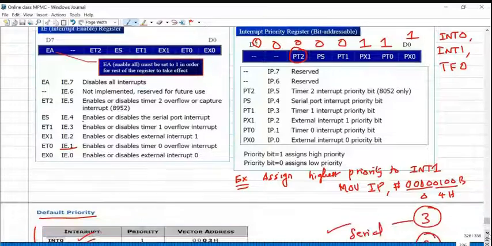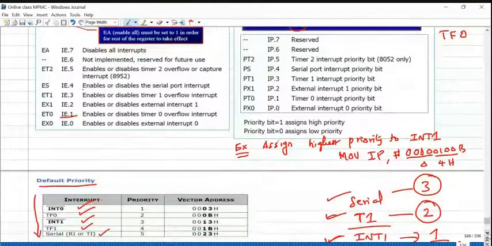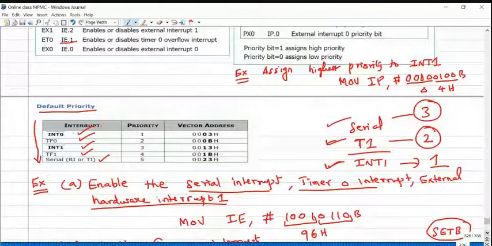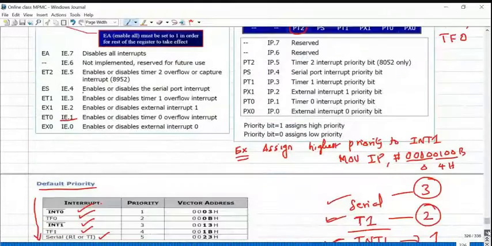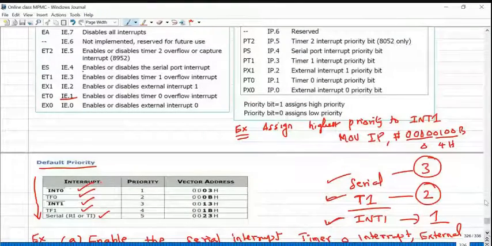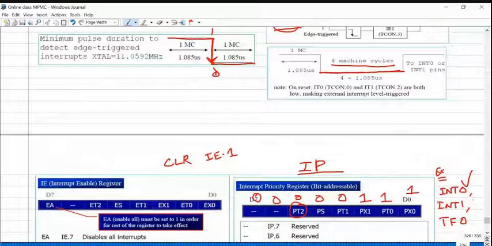INT0, INT1, TF0. Now look at this default priority. INT0 is the highest priority, so INT0 is assigned as first priority. After that TF0, second priority. And third priority is INT1.